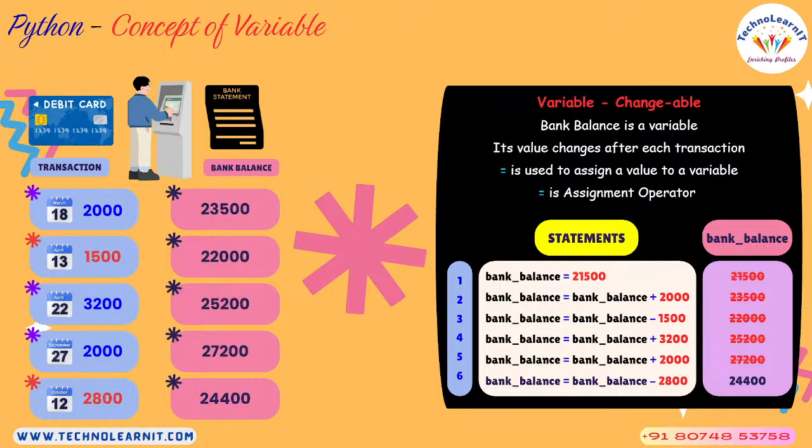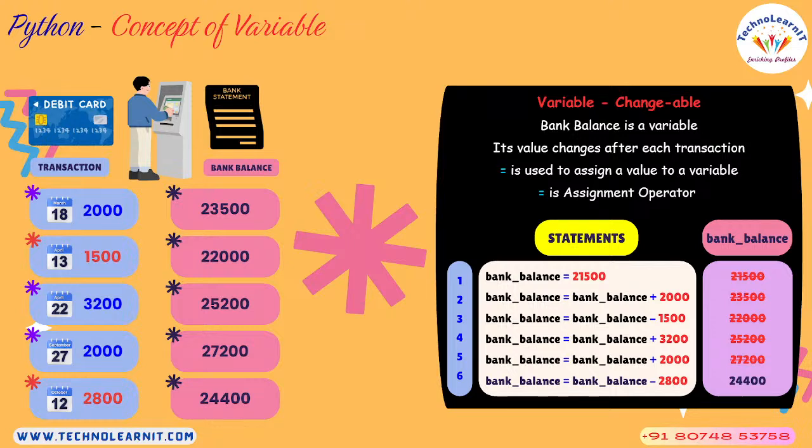In this example, you have assigned 21,500 to bank balance. And you have credited 2,000 rupees to your bank account. What happened now? Your bank balance has become 23,500.